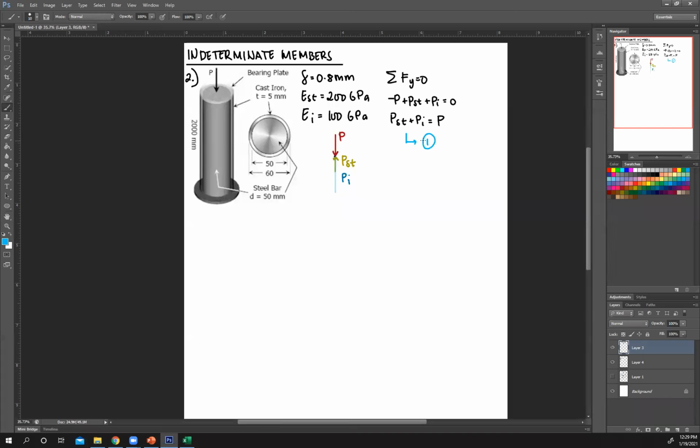Next, actually this is 3 unknowns. So now I need to create another equation based again on your deformation.